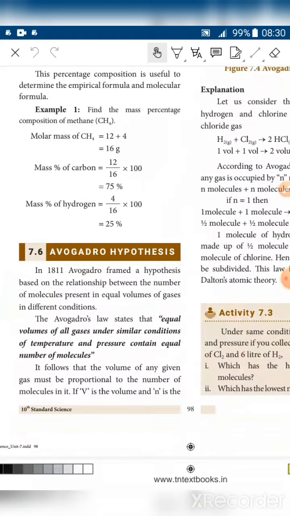Then Avogadro hypothesis, which relates equal volumes of gases to equal numbers of molecules. Equal volumes of all gases at STP contain equal numbers of molecules.